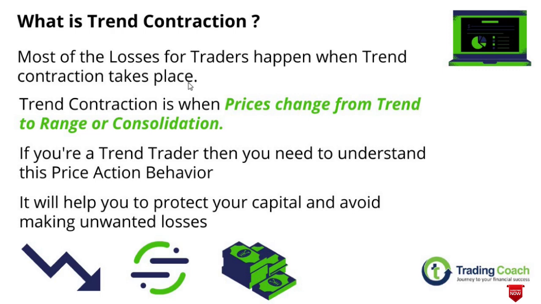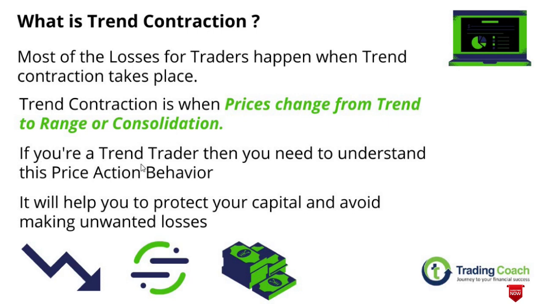Just keep in mind, most people lose money whenever there is a trend contraction. So what exactly is trend contraction? Trend contraction is when prices change from trend to range or consolidation. Whenever the market prices move from trending markets to range bound markets or consolidation, that is where we see trend contraction.